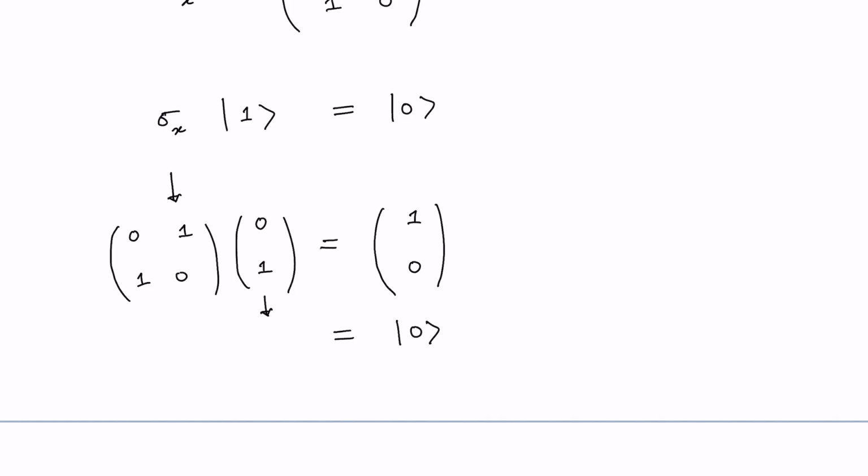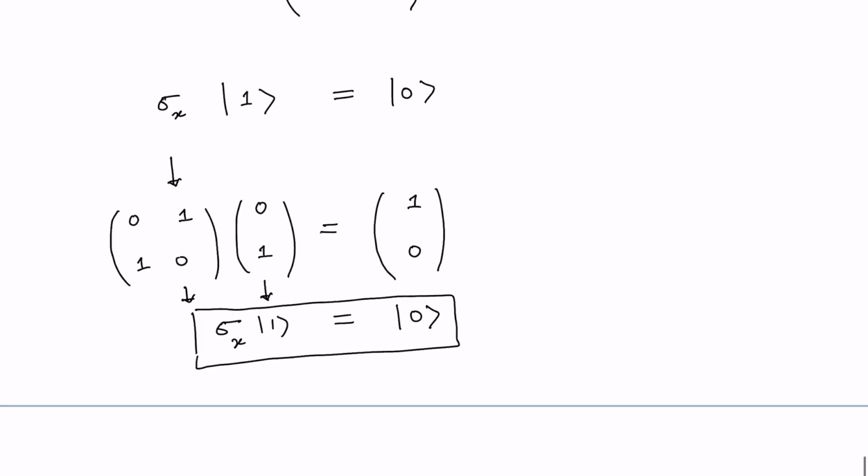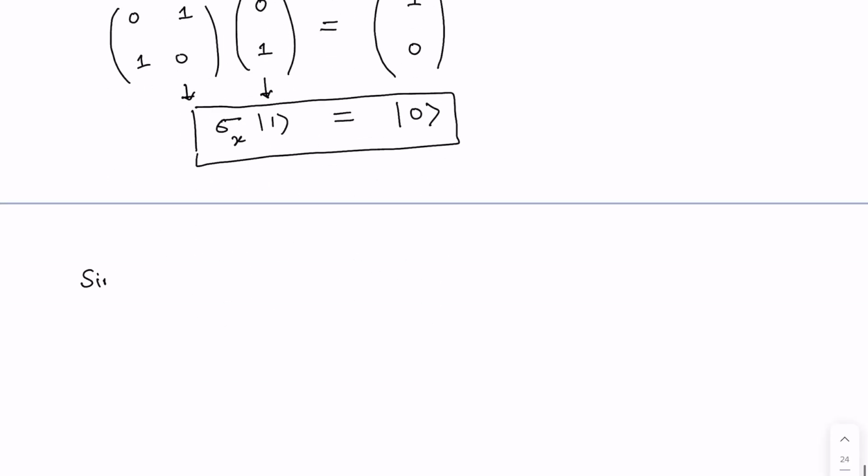So you see you are basically inverting gate 1 to gate 0, and similarly, if you operate on gate 0, it is going to give you gate 1.